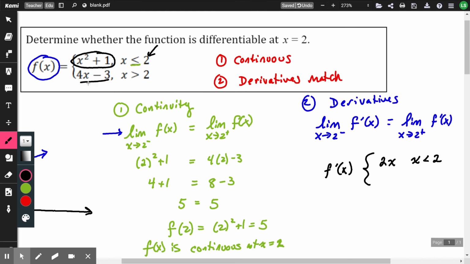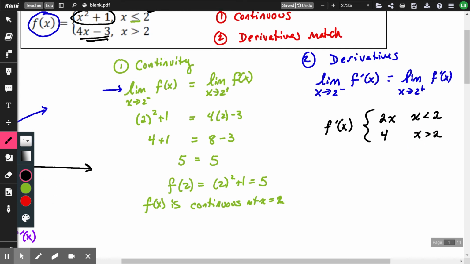The bottom piece is 4x minus 3. Its derivative would just be a 4 plus a 0. And again, it's for x is greater than 2. So now we're going to use these to do our limits. The limit as x approaches 2 from the left is going to be of the piece 2x. And in this case, we're plugging in x equals 2.